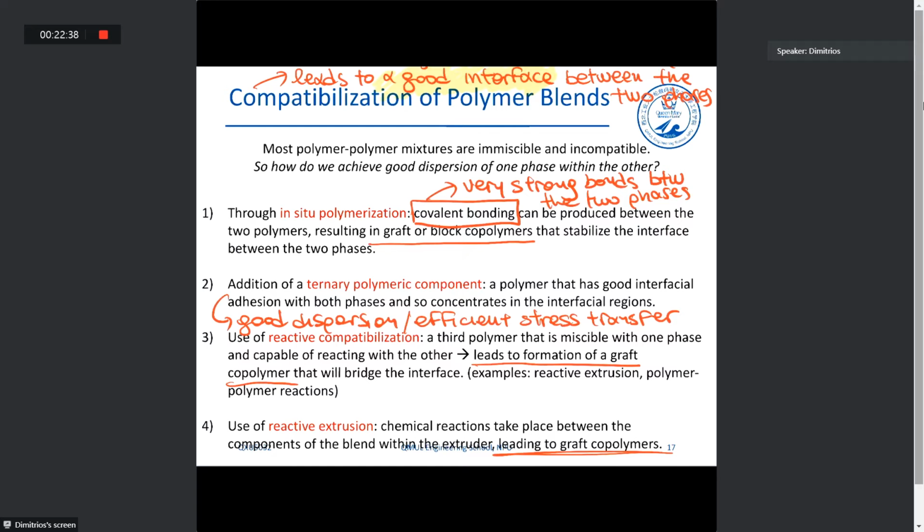And finally, what we have been talking about before we finished is how do we compatibilize two polymer blends, okay? How do we make two polymer blends behave better when they phase separate, okay? Because, as I told you, polymers generally don't like each other unless they're from the same family, okay?